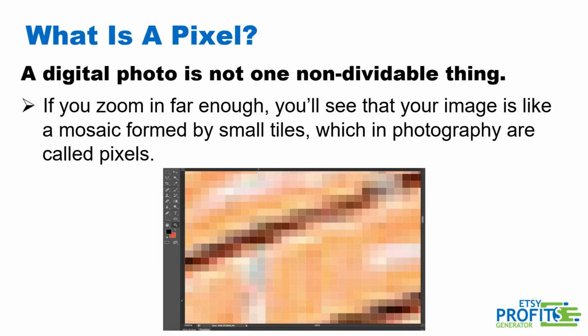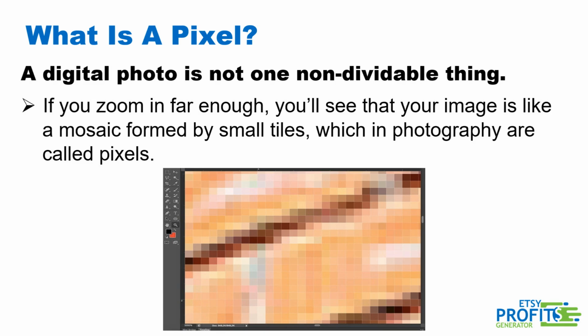Here's why: when you understand what a pixel is, then you understand what the quality is and how the DPI makes a whole difference. A digital photo is not one non-dividable thing. If you zoom in far enough, and maybe you've seen this when you've taken pictures and zoomed in, people call it pixelated. It gets pixelated because you actually see the dots, the DPI at which it was created. If you zoom in far enough, you can see how the image is created.